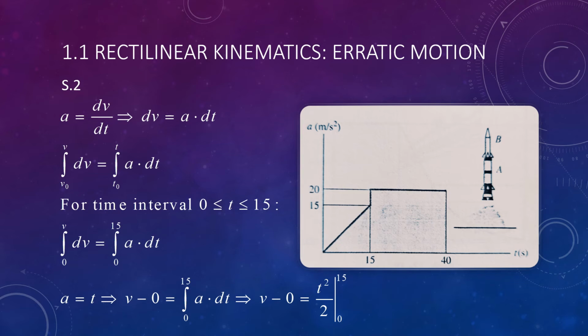Acceleration a is equal to dv over dt, and from that equation, if we extract dv, it is equal to a dt. When we integrate this equation for time interval from 0 to 15 seconds, by substituting a is equal to t, the solution of the integral is specified below.